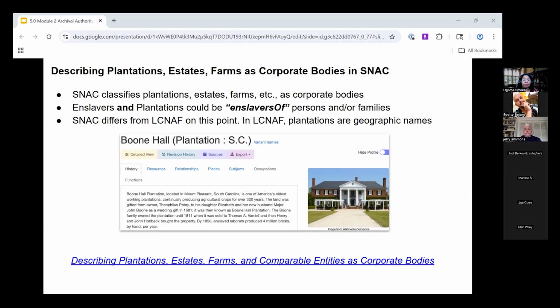And establishing headings for them as corporate bodies recognizes that, and does so in such a way as to allow relationships between it and other entities, like those enslaved there, to be demonstrated. When constructing headings for these entities, they typically follow the pattern of a name, a type, and a geographic designation.